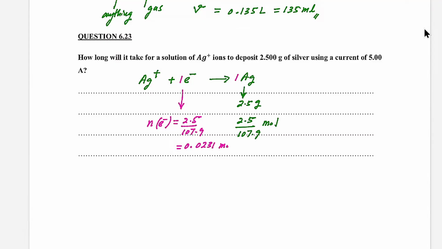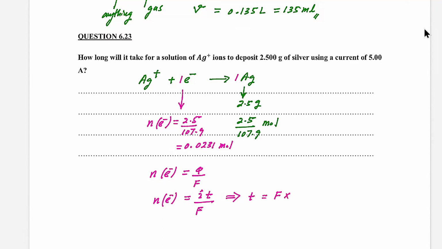Okay, so this is the number of moles. Now we understand ne is equal to Q divided by F, right? Q divided by F. So Q is going to be I times t. Now what you need to find is the time. So you make time the subject, it's a small math question.